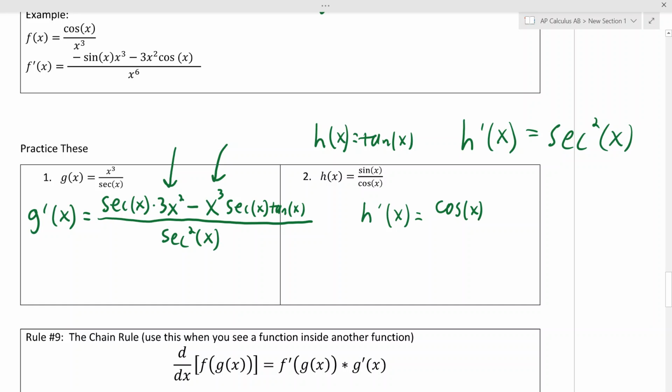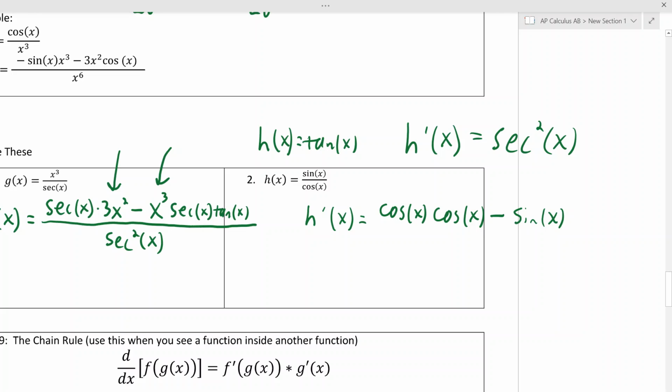But derive sine would become cosine, right? Minus, leave the numerator, derive the denominator. But the derivative of cosine is negative sine. So you could put a negative sign here, or you could put sine and change the sign of this thing up here. It becomes a plus over the low squared. That's how you write that.